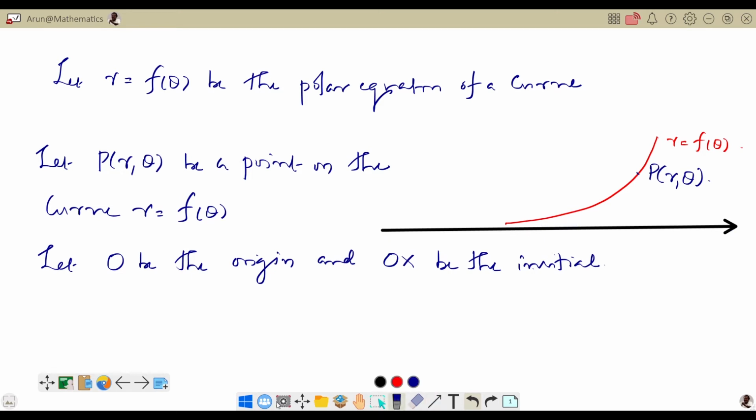So suppose that this is O, and this OX is the initial line, and you draw the radius vector OP.